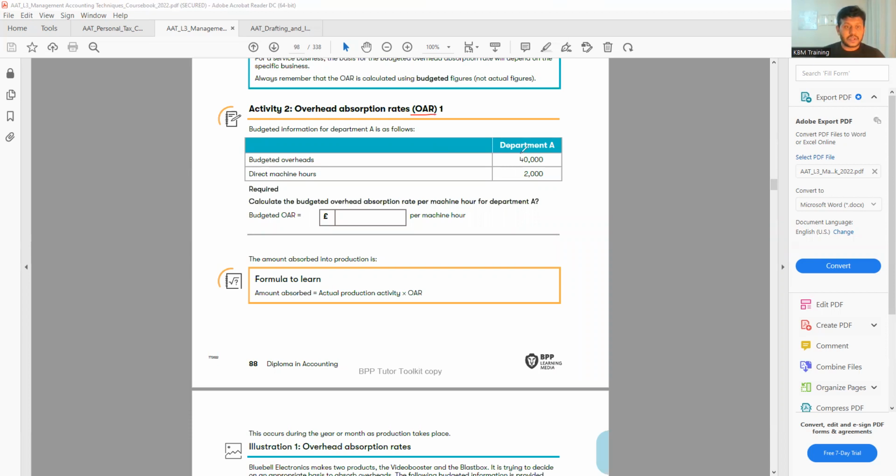Budgeted overhead is 40,000 and direct machine hours is 2,000. Calculate the budgeted overhead absorption rate per machine hour for department A. Can we calculate that? How much is the OAR for that?